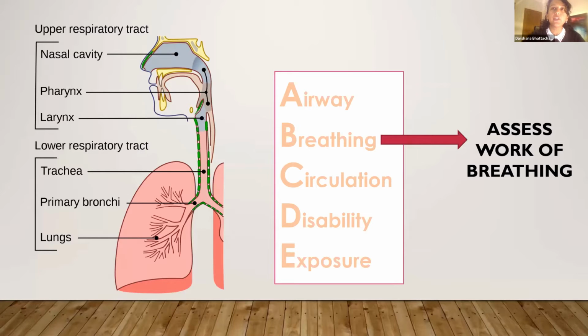C for circulation, you want to look for whether there is any impairment in the circulation of a child as a result of their illness. So you obviously want to listen to their heart rate, see if they're tachycardic or if their heart rate is too low. You want to really get your hands on them, feel the temperature of their peripheries. You want to look at the color of their skin to see if they're pale or mottled.